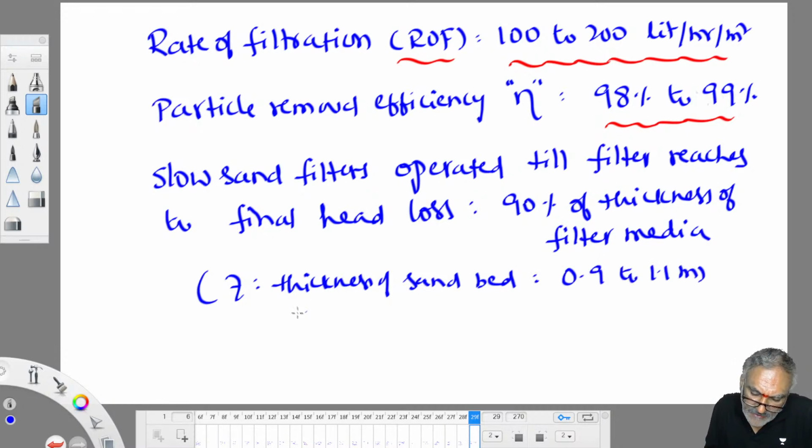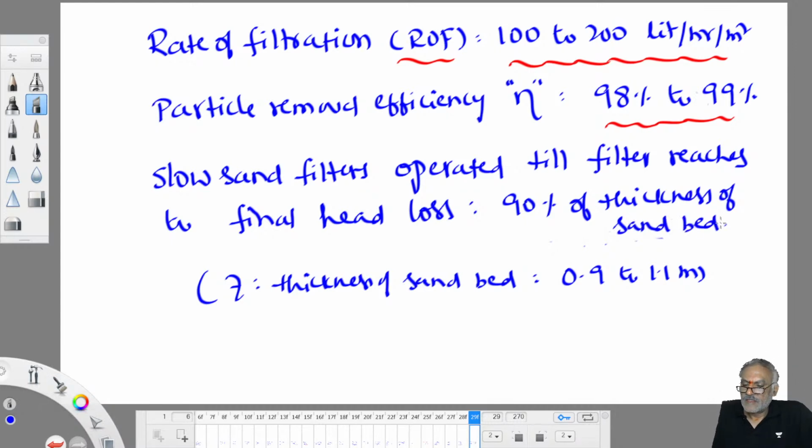So 90% of that value is usually 70 to 90 centimeters. Till it reaches 70 to 90 centimeters, you can operate. 90 to 110 centimeters otherwise.